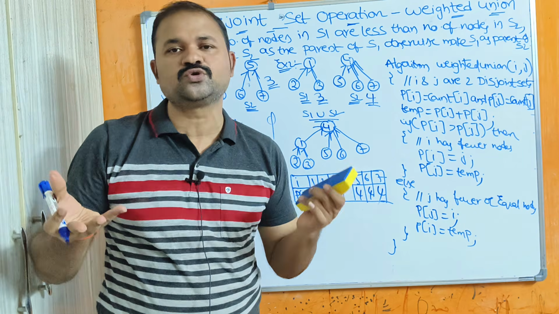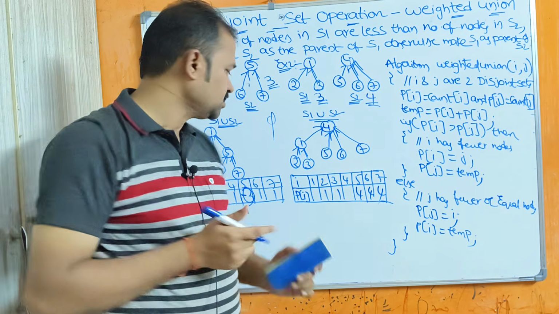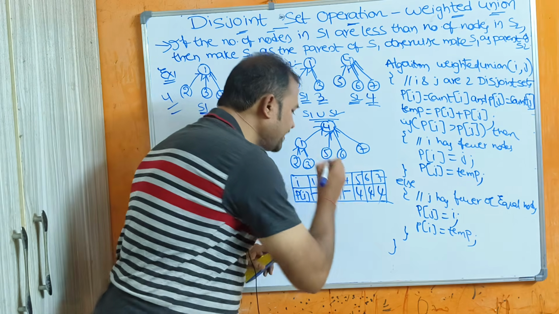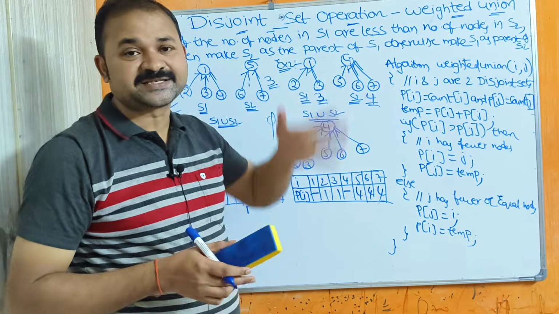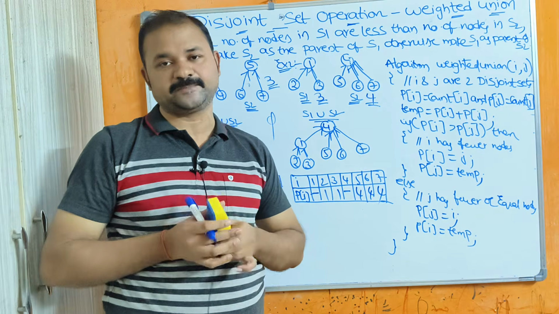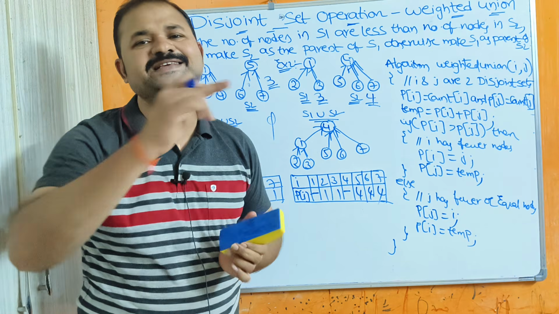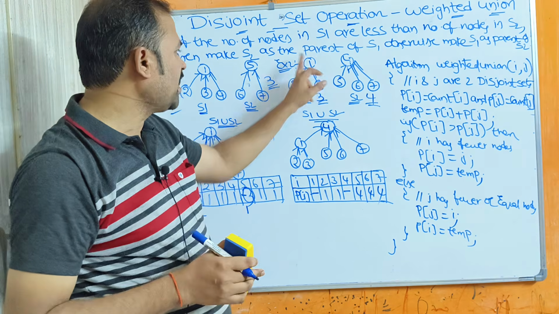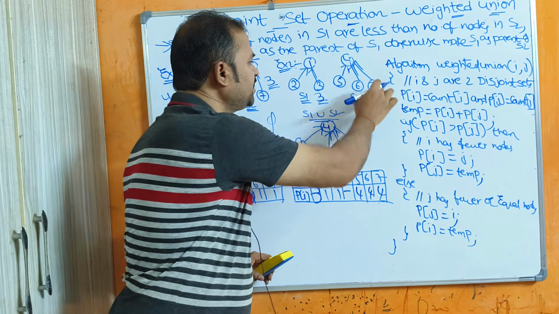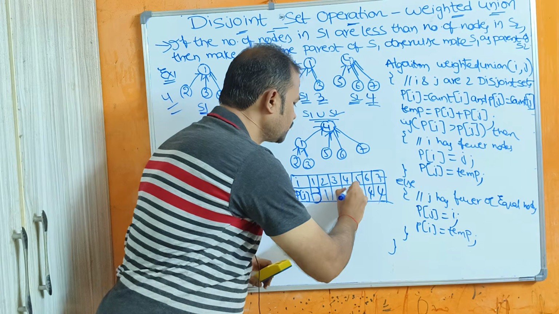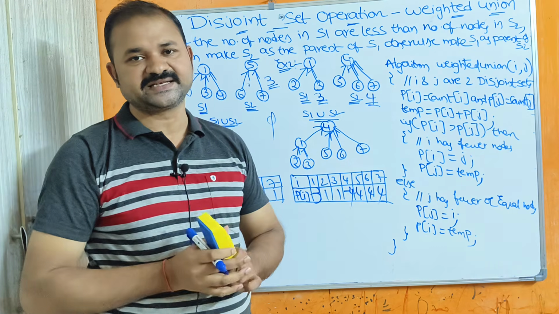Why? Because the root node doesn't have any parent. So here also we have to maintain that minus information, but here that parent entry contains the number of nodes present in the subtree, the number of nodes present in the disjoint set or the tree. So here we have 1, 2, 3, so 3 nodes are present. Here we have 1, 2, 3, 4. So parent information is like that.